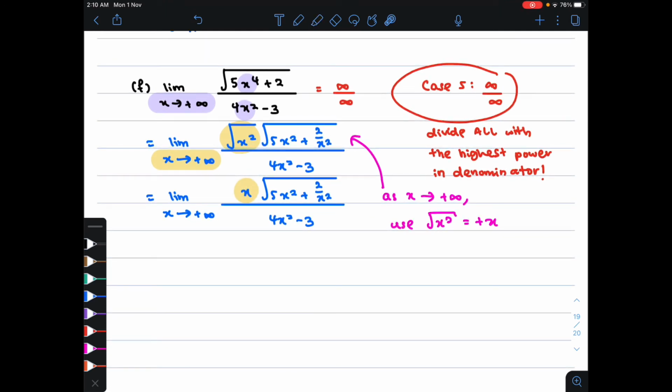But we are not done yet because in this square root here, you can still see we have x squared. So we're gonna do the same thing for this square root where our aim is to get square root of x squared. So factorize out x squared from this expression and we will get x squared times 5 plus 2 over x to the power of 4.